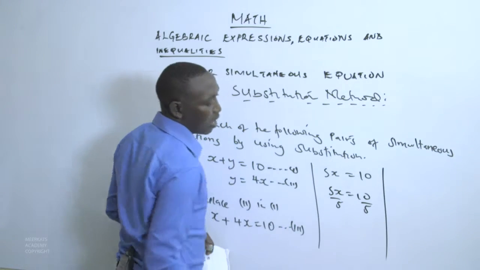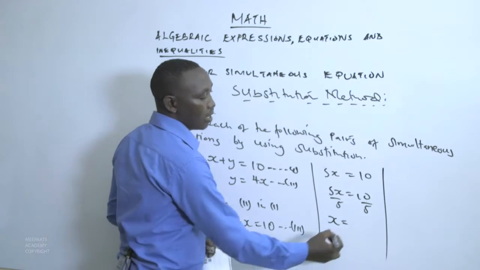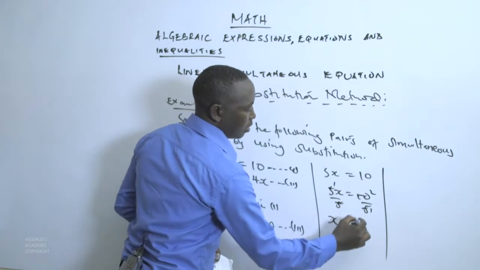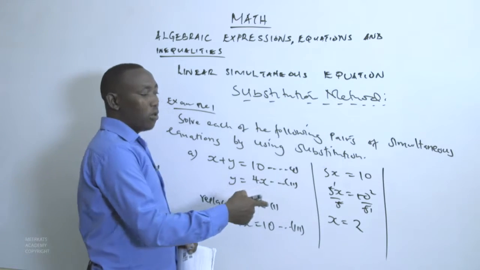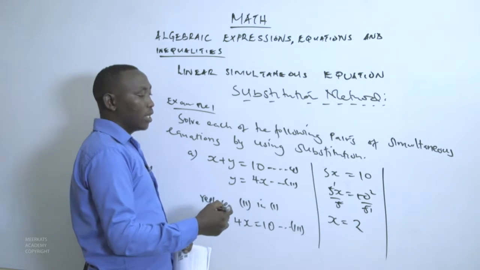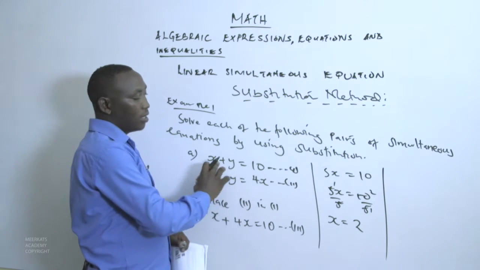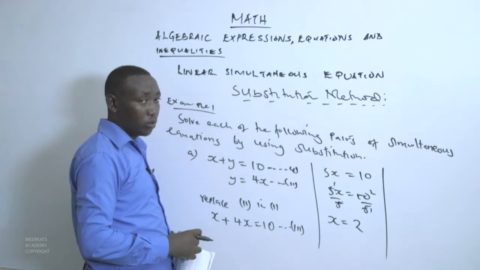When we divide both sides by 5, it will give us the value of x to be 2. Now that tells us that the value of x as 2 is a solution that satisfies the two equations, either equation 1 and also equation 2.